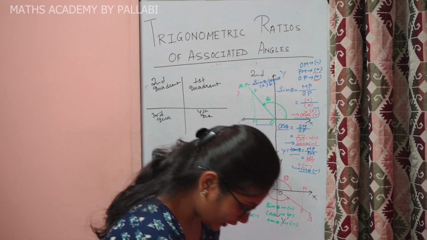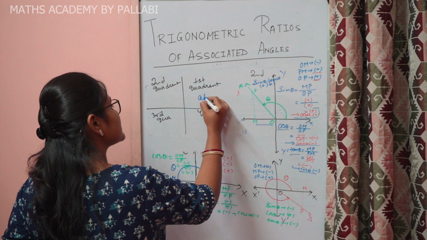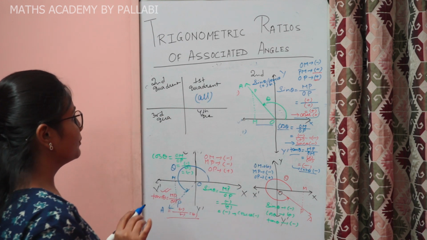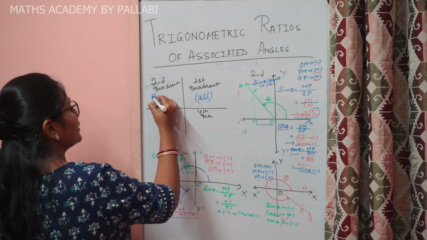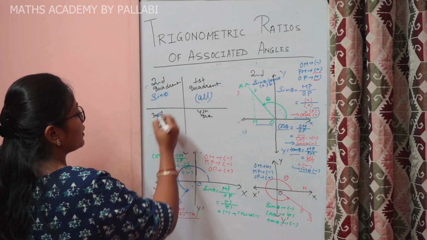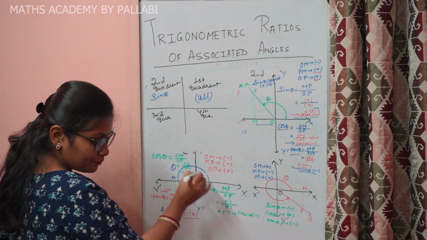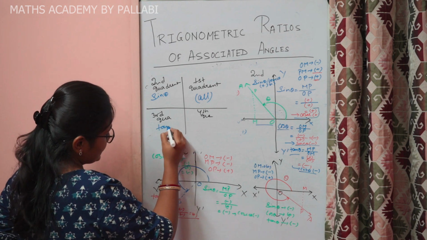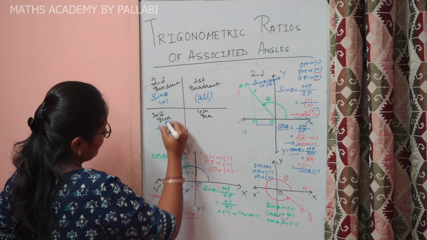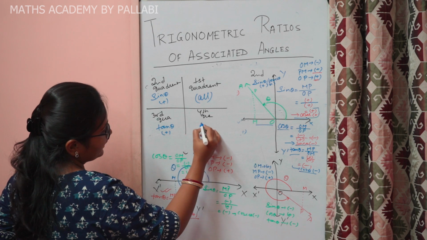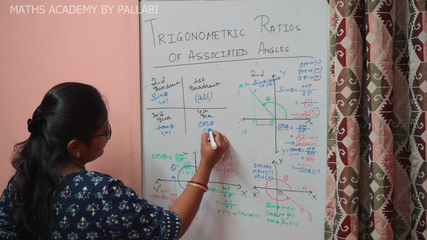In the first quadrant, all trigonometric ratios will be positive. In the second quadrant, only sin theta will be positive. In the third quadrant, only tan theta will be positive, and in the fourth quadrant only cos theta will be positive.